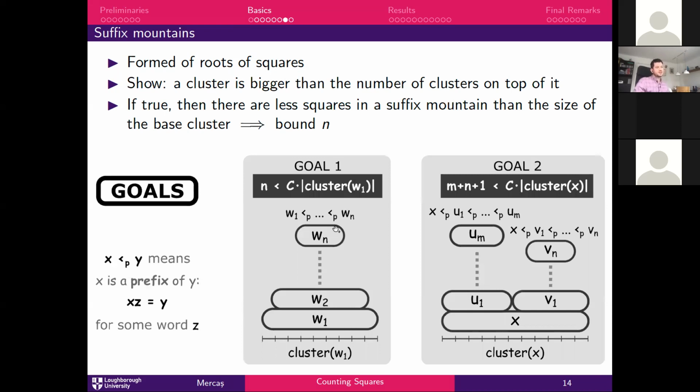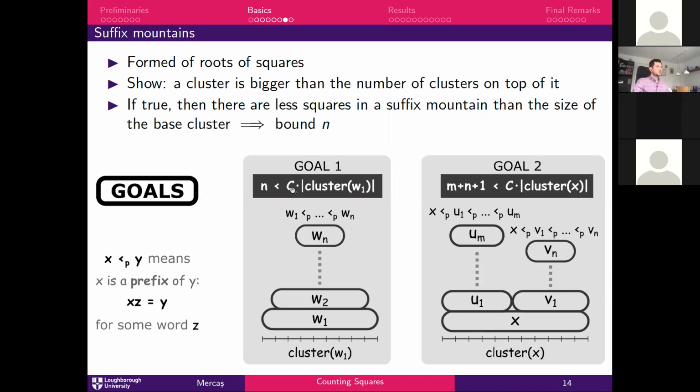Basically, if I have a single chain, I want to show that the number of elements in this chain, so the number of clusters each on top of each other, is smaller than the base times a constant. And if I have multiple chains, I want to show that if you add all of these up together, they're going to be smaller than the length of the cluster here, times a constant.